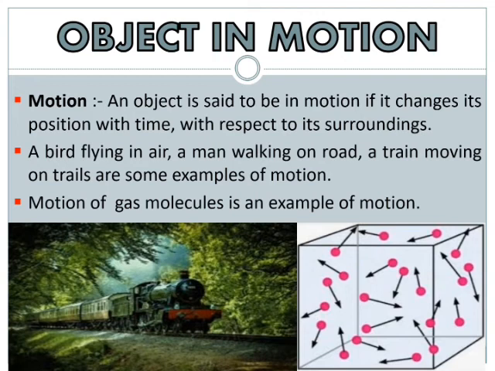For example, a bird flying in air, a train moving on rails, a ship sailing on water, a man walking on road are some examples of motion visible to the eye. Motion of gas molecules is an example of motion which is invisible to the eye.